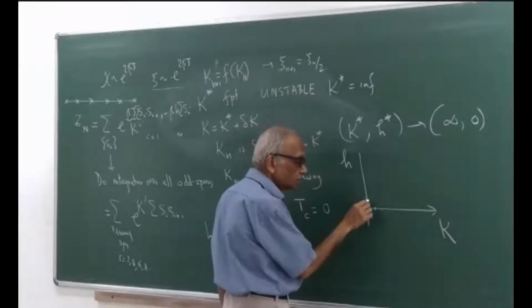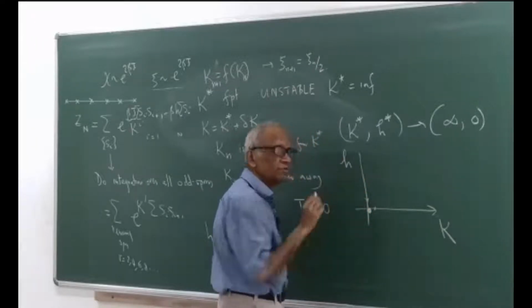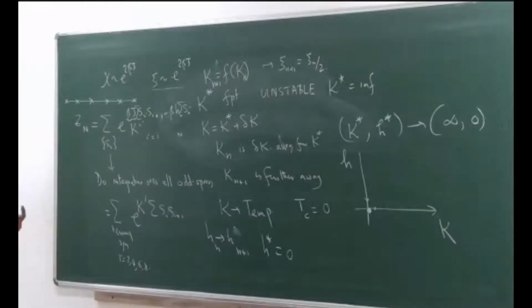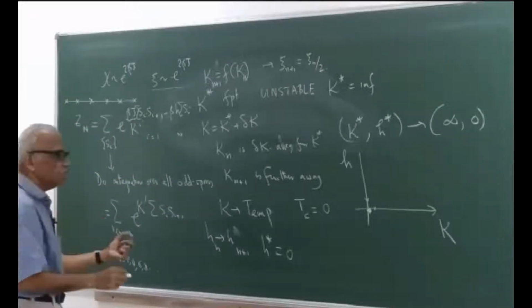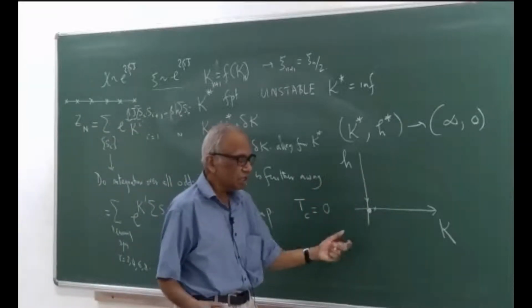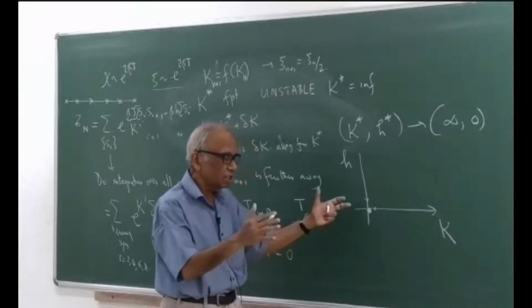If you start somewhere over here, you are driven out. So both K and H are variables, and in this KH plane, wherever I start, I will be driven out.